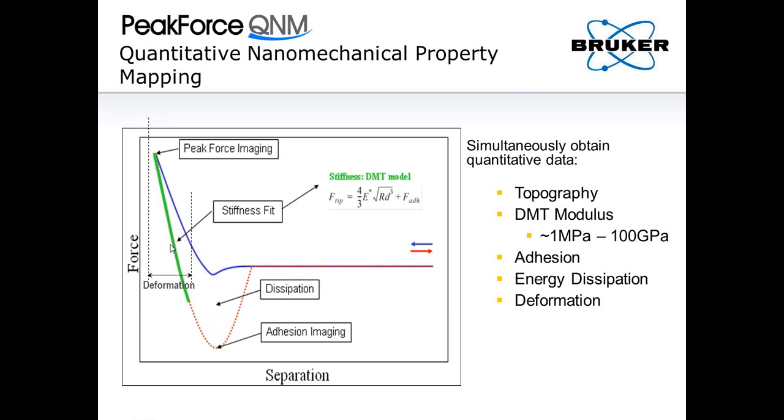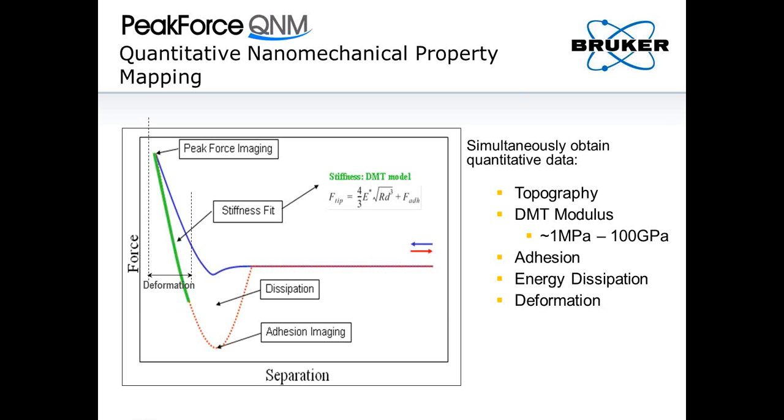And again on the retracting branch, if you measure the force difference between the very bottom and the baseline, you know how sticky the sample is. That is the adhesion. And from the area enclosed by the approaching curve and the retracting curve, you get the dissipation, how much energy was dissipated during one PeakForce tapping cycle. So you get mechanical properties of the sample.